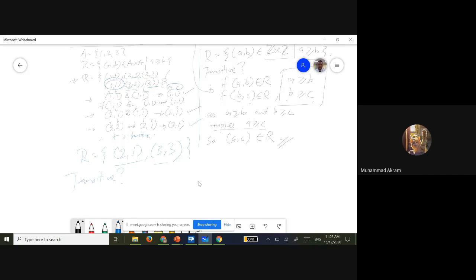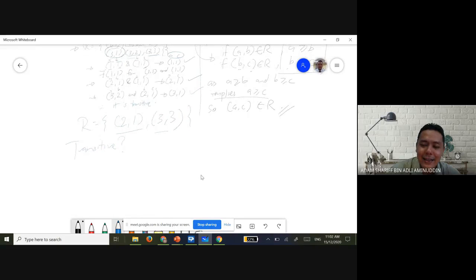Mari kita berfikir kejap. Dia tak ada dalam relation kan sir? Dia tak ada, bukan tak ada relation, apa? Dia tak ada condition dia. Ni. 2-1 dengan 3-3. Okey, untuk 2-1, ada tak ordered pairs yang lain yang depan dia 1? Dalam kes ni, yang kecil ni. 2-1, 3-3. Tak ada. You cannot find AB, you cannot find BC.